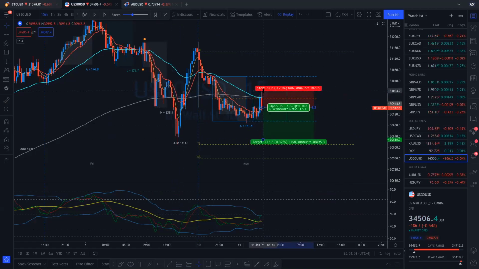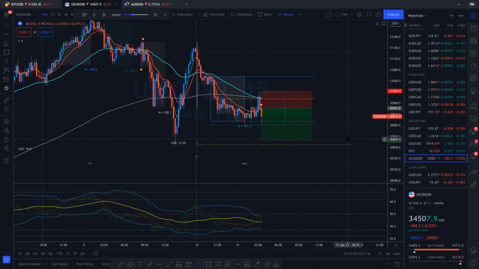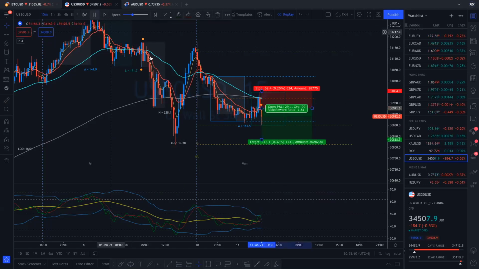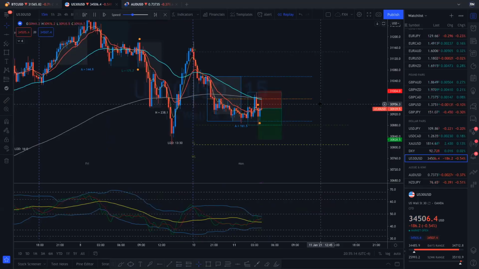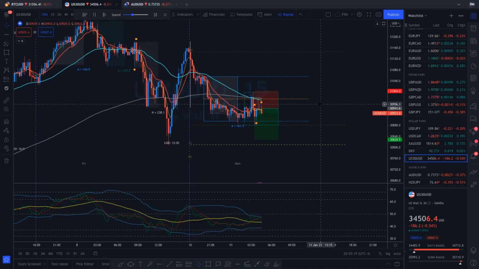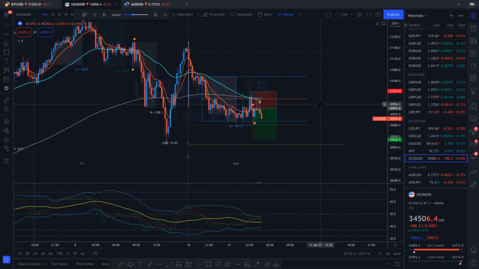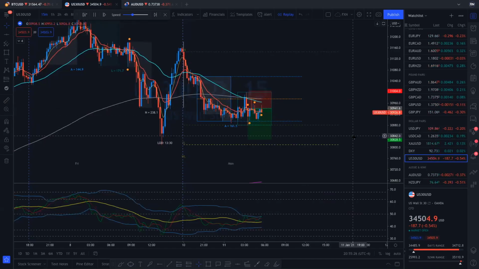But I just don't know if that's worth the risk or not, unless you get a pullback. Next candle doesn't give you a pullback. I don't know if that's worth the risk or not. We got a deeper pullback there on that candle.